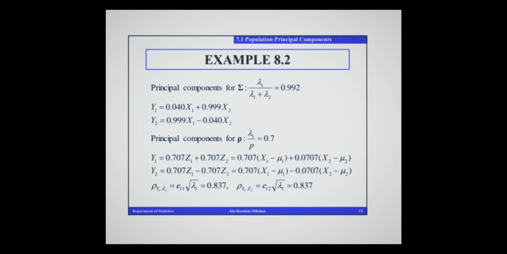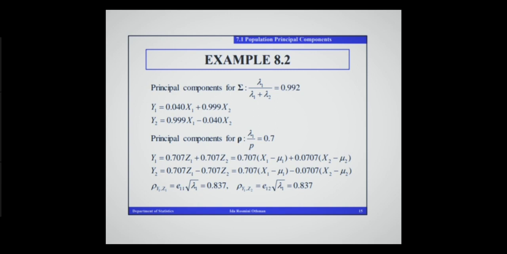And then another thing that I want to stress, for your knowledge, is that we will use the principal component obtained from the rho when the measurement scales of the variables are different. Okay, because rho will manage the difference in the data scales.